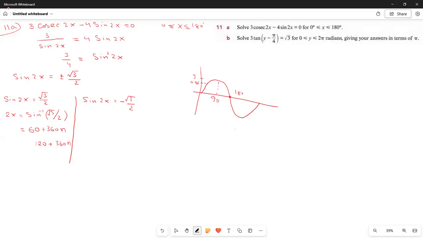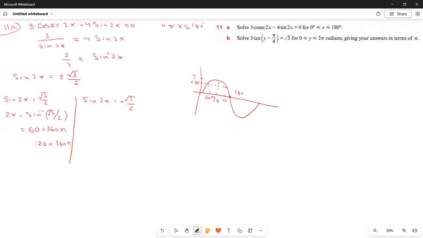My drawing is not very good. So it gives you an angle of 60 degrees, but at the same time, it can give you an angle of 120 degrees. So these are the two angles which correspond to the value root 3 by 2. That's why I have two answers here.